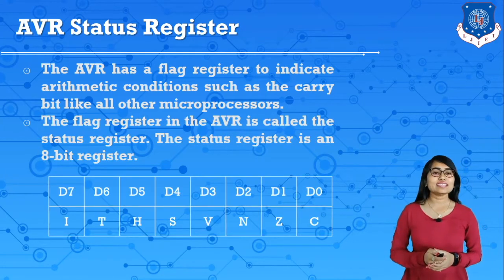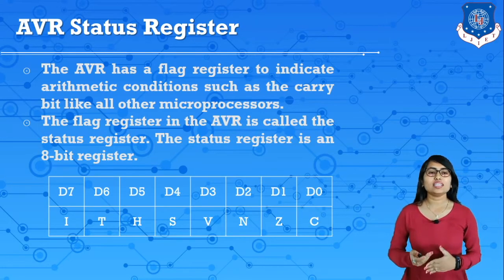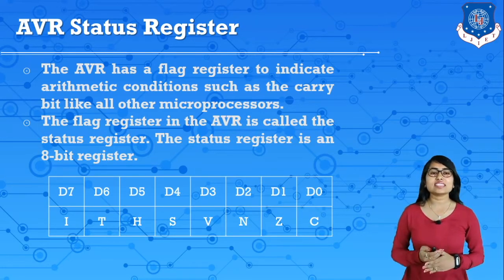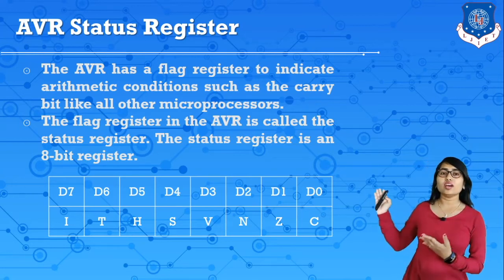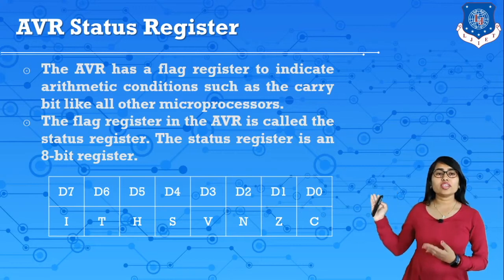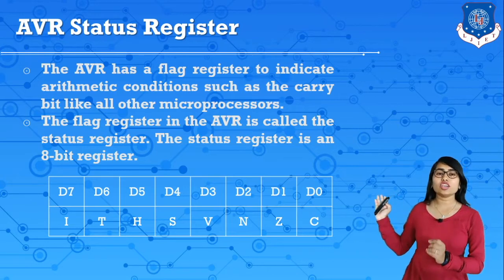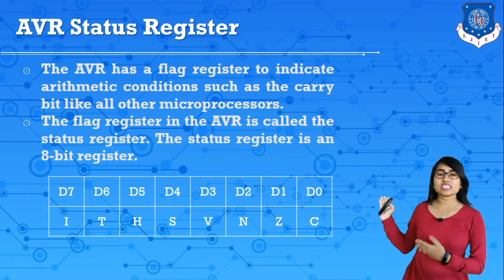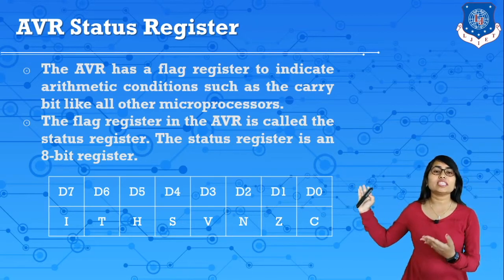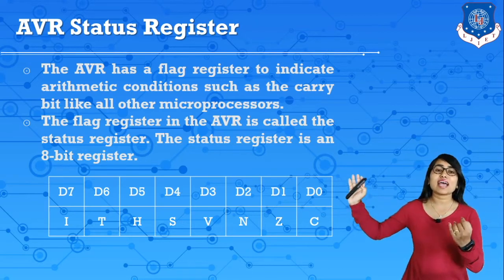The flag register in the AVR is called the status register. The status register is an 8-bit register, and here we have the different flags of the AVR status register, with bits D0, D1, D2, D3, D4, D5, D6 and D7.